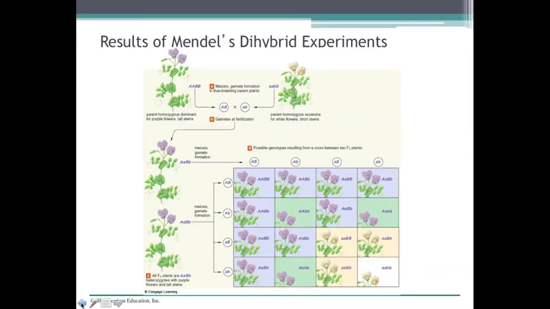So now we are going to do here the F1 generation, and if you remember, it goes back to the same as we did with the 1 trait. We now are doing mating a plant that's heterozygous for height and color with itself.